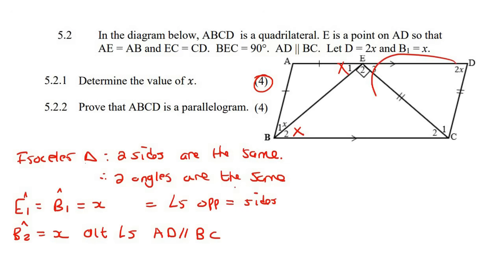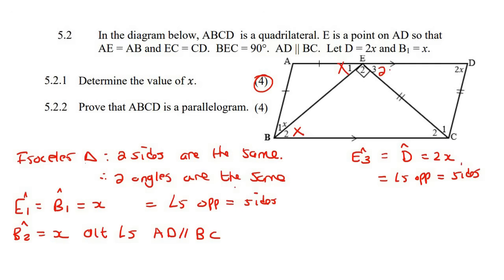Now we're going to do the exact same process on this triangle because this triangle is also isosceles. So we know then that this angle will be the same as this angle. So we could say angle E3 is the same as angle D, and they're both equal to 2x, once again because of equal angles opposite equal sides.